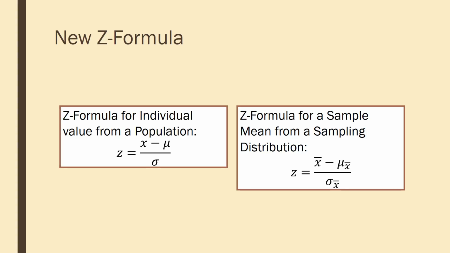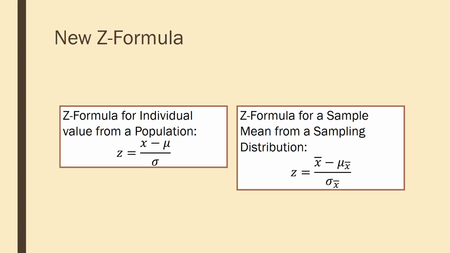So we're going to have z equals x bar, which is a sample mean. So we're replacing that x with the sample mean, because we're trying to find the probability for the sample mean instead of just an individual value of x.